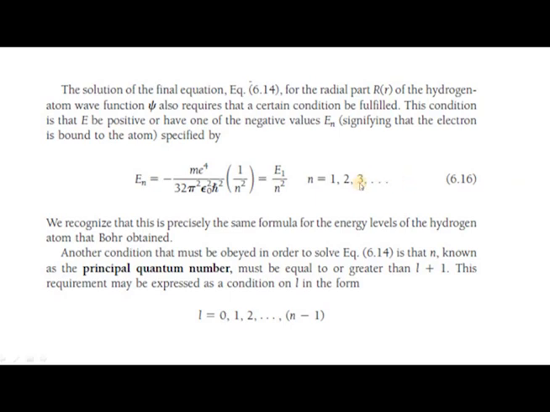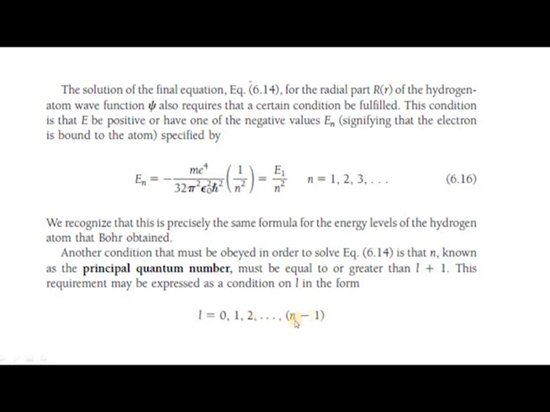Okay, so you have got another constant n, and this n is called the principal quantum number, and the condition imposed on the principal quantum number so that it works well is that the principal quantum number must be equal to or greater than L plus 1, or I can write L is equal to 0, 1, 2 up to n minus 1.